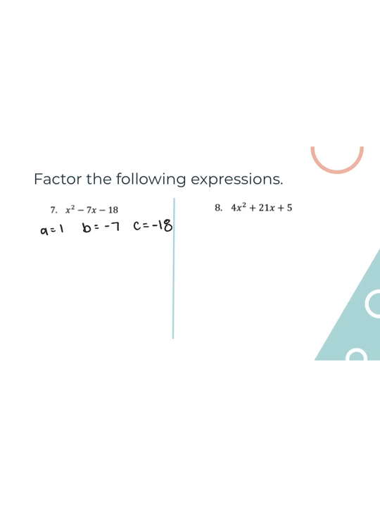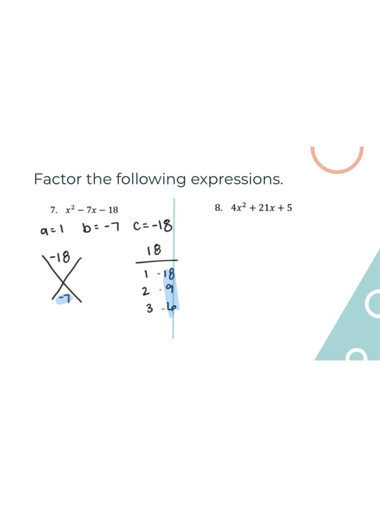I'm going to set up my X. I have negative 18 here, negative 7 there, and a 1 and 18, 2 and 9, 3 and 6. And that is it. Because this 7 is a negative, that means that my bigger number has to be the negative one. So all of these can be negative.